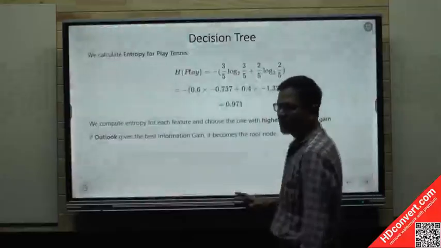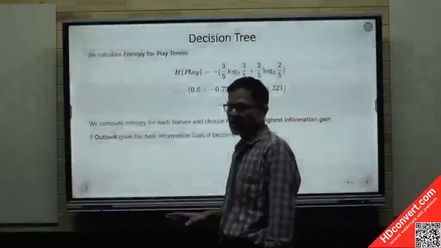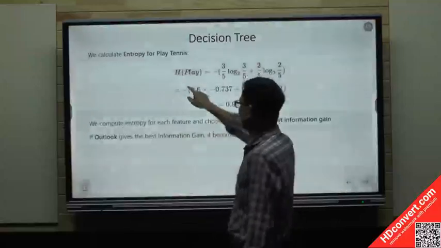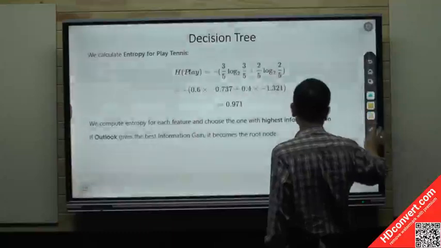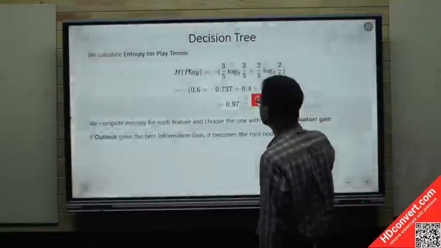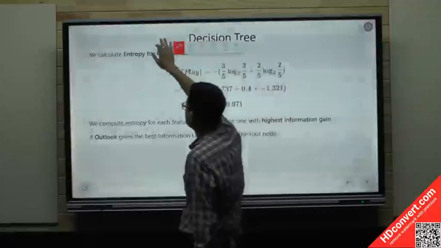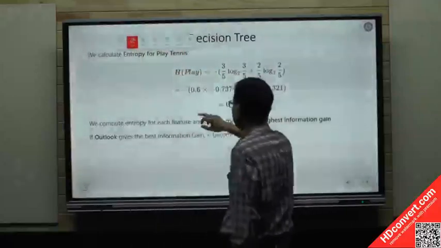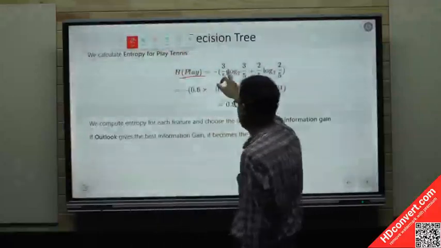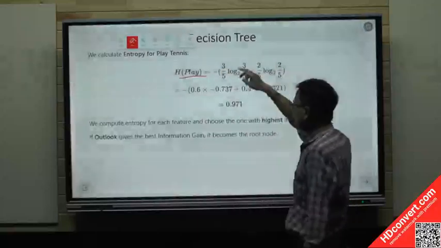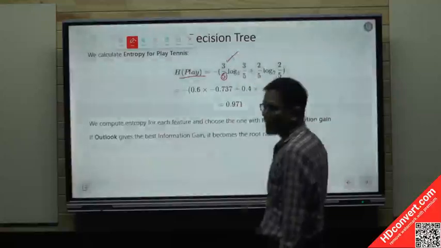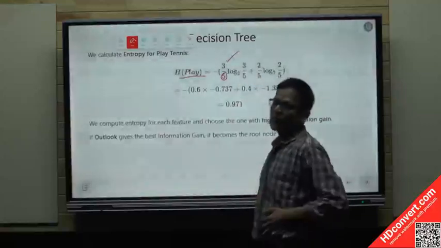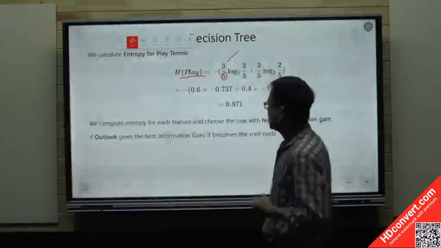Okay. So for example, I'm not going to solve it completely, but for playing this data set, we calculate the entropy of play. If you remember in the previous slide, there were a total of 5 samples in the data set, out of which in 3 instances we played tennis.